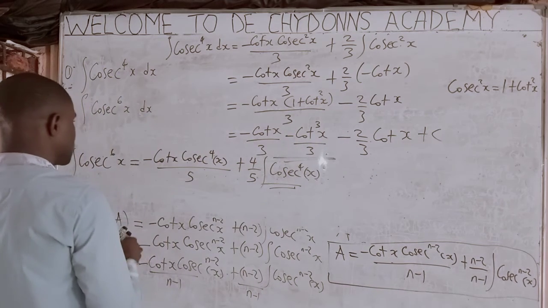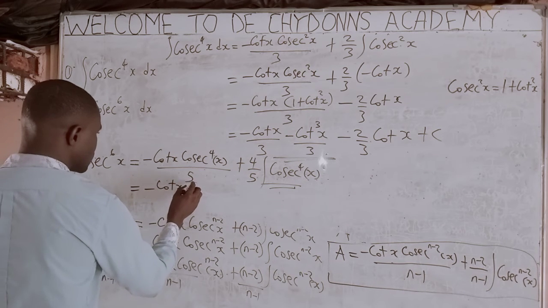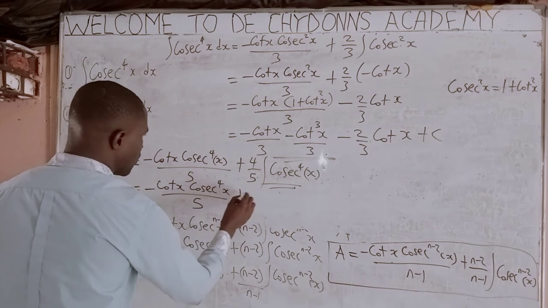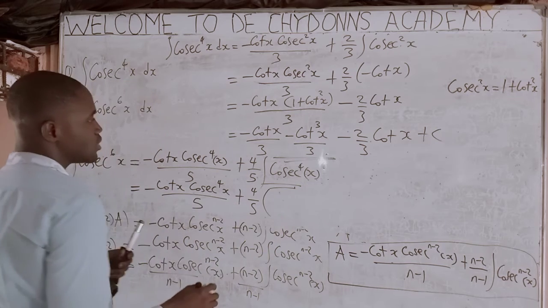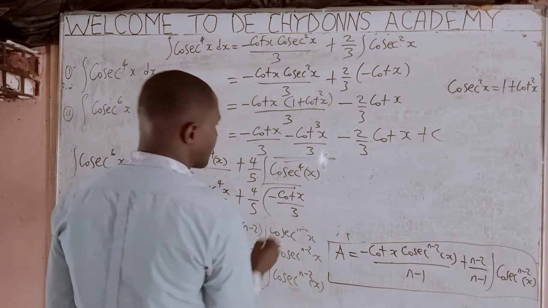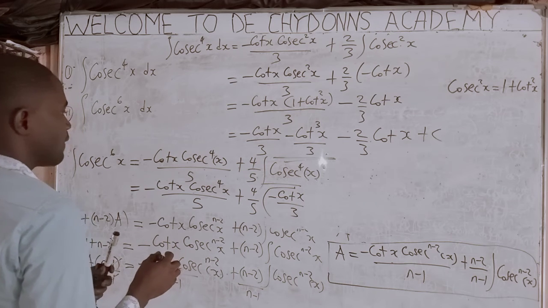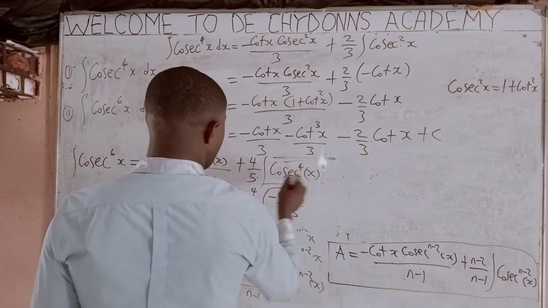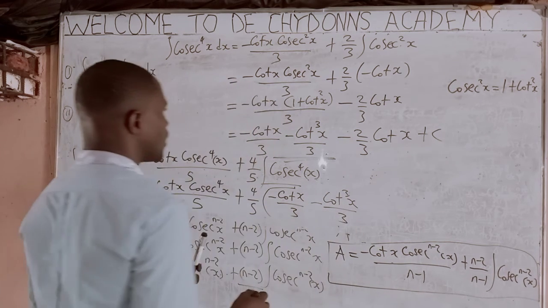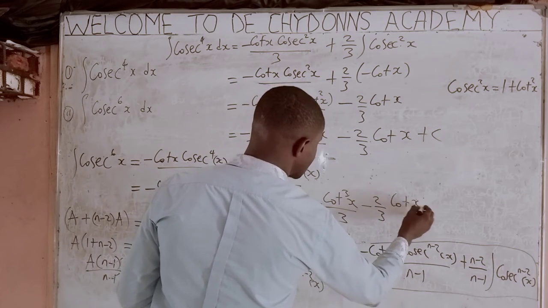Now you package and say this is equal to minus cot x cosec raised to power 4 x all over 5 plus 4 over 5 bracket, I will now put minus cot x all over 3, minus cot raised to power 3 x all over 3, I will also say minus 2 over 3 cot x.